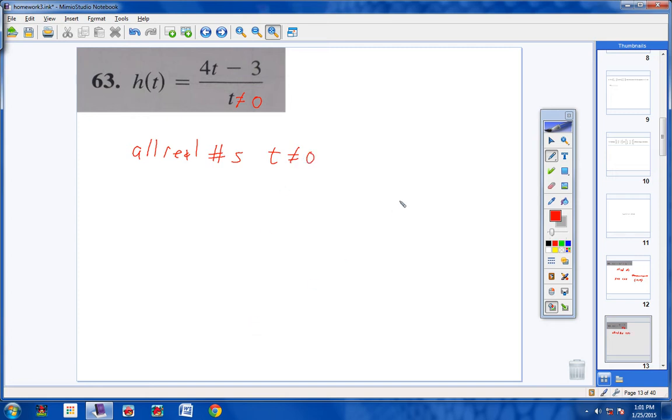Now, for interval notation or inequalities, think of a number line. I would put an open point at 0, with an arrow to the right and an arrow to the left. Using inequalities, I would say x is less than 0 or x is greater than 0.